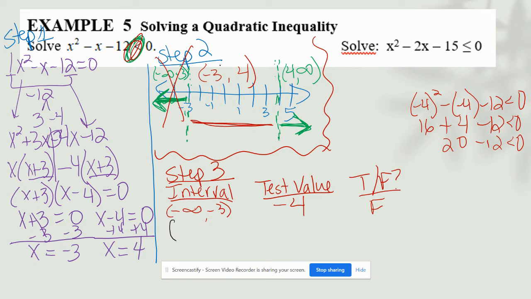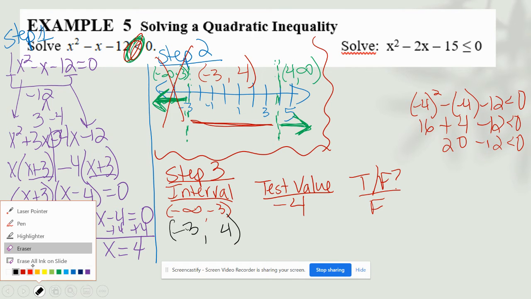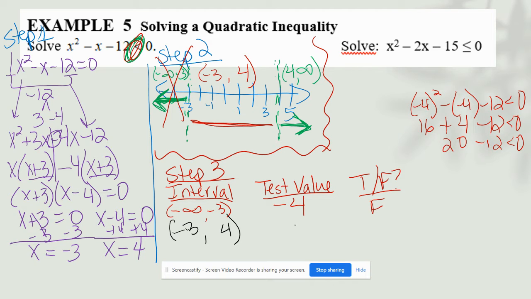My second interval that I listed was -3 to +4. So we can pick absolutely any value we want as long as it's in between -3 and +4. And of course, we always like to bring in 0 wherever we can.